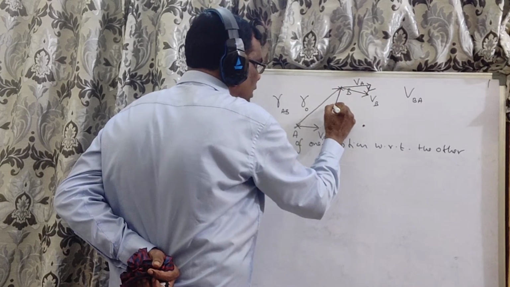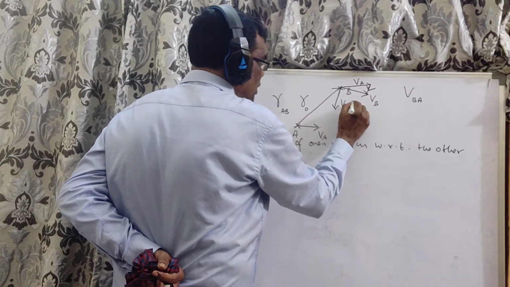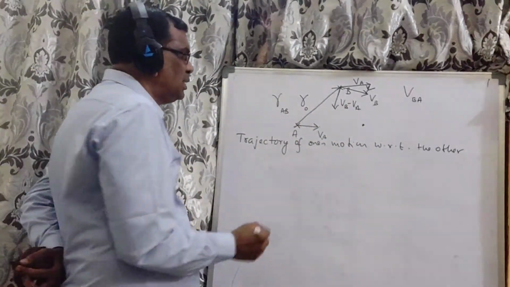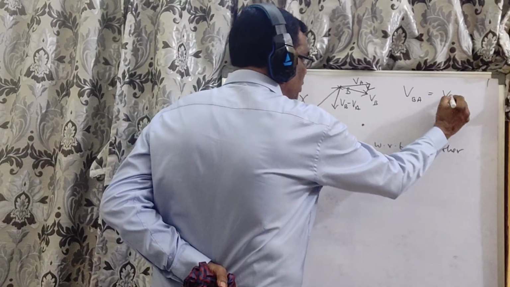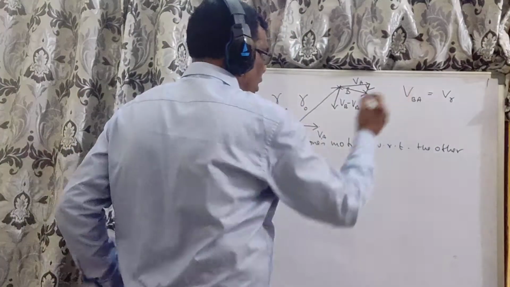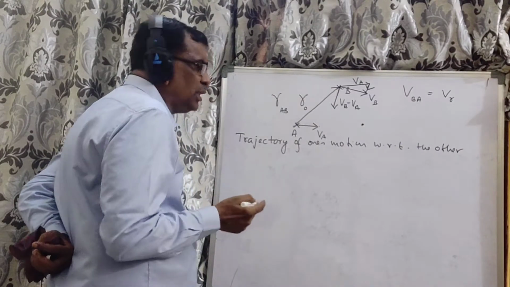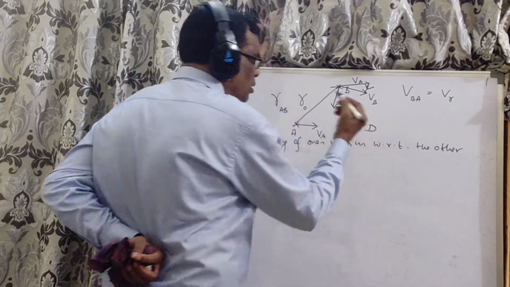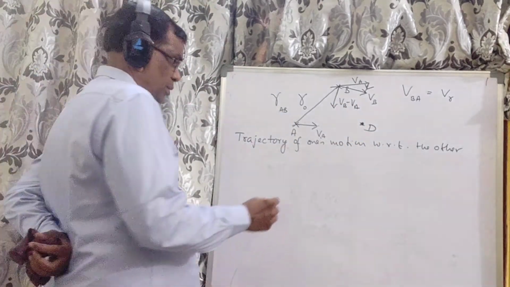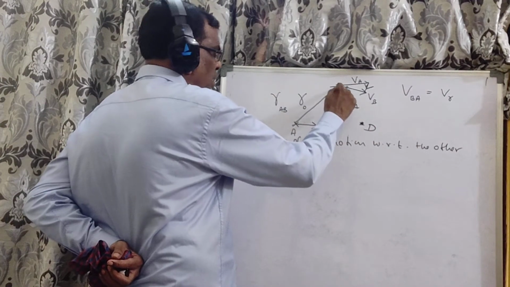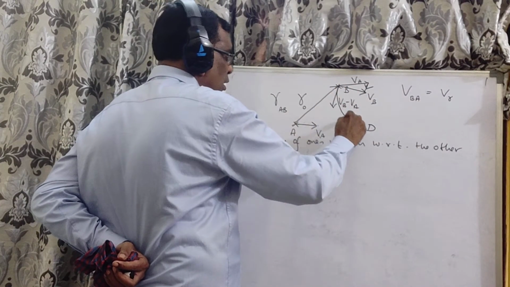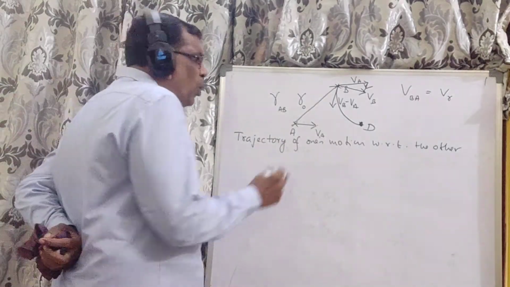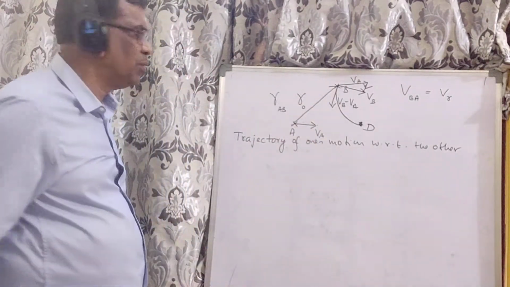So I am taking it here, V_BA, velocity of B with respect to A. Now this I will call V_R, the relative velocity. Now, as you know, you said they meet at one particular point, say D. They follow a certain path and then maybe they come and reach. What is happening, we will see now.